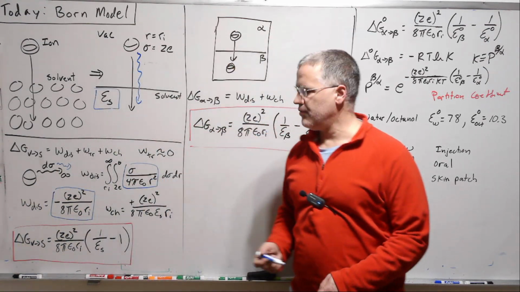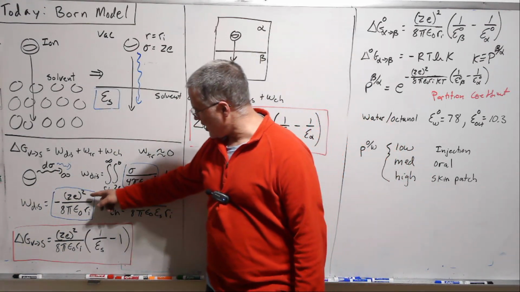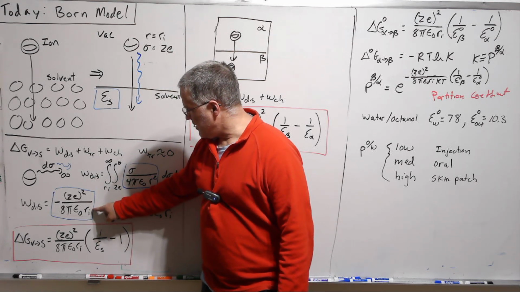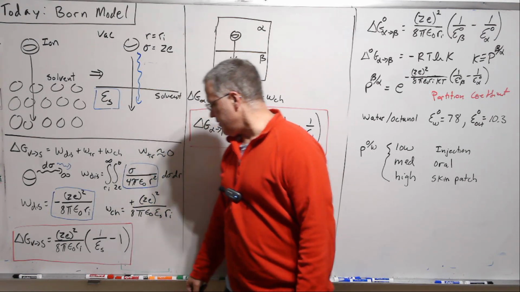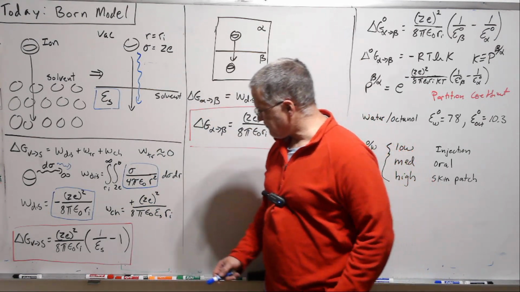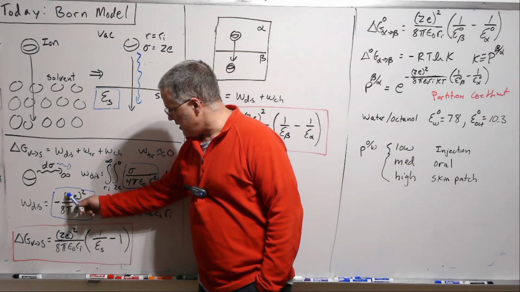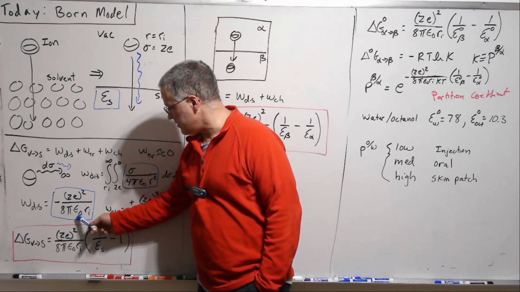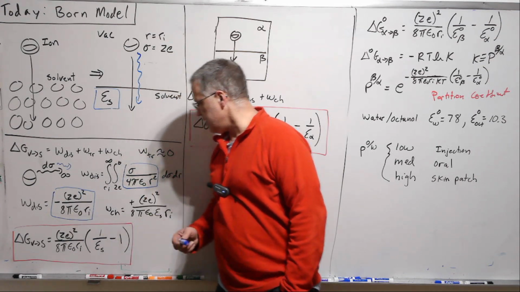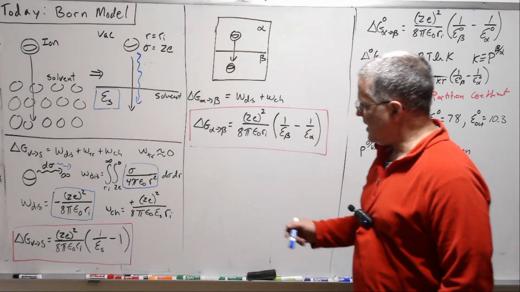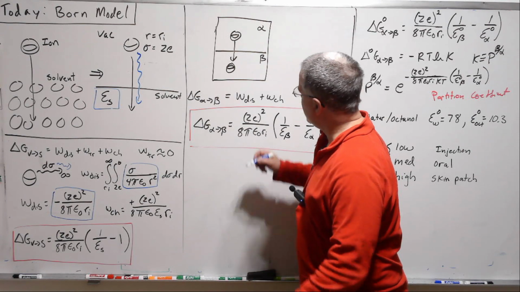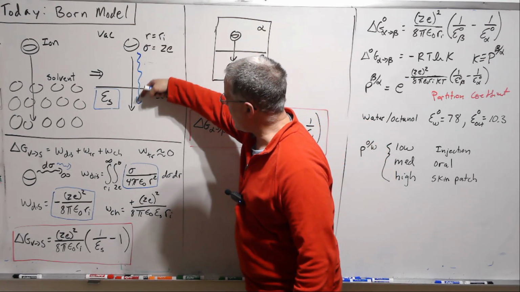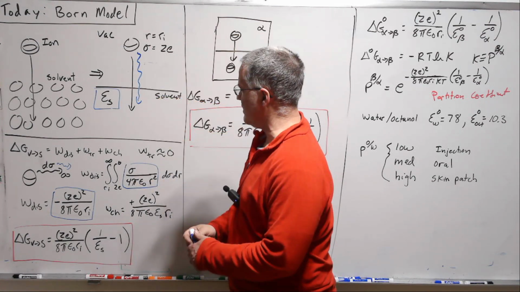Okay, so we won't do the calculus, but the charge will end up being squared, and the radius will go from, it'll be 1 over the radius. And so we see here we've got this formula.